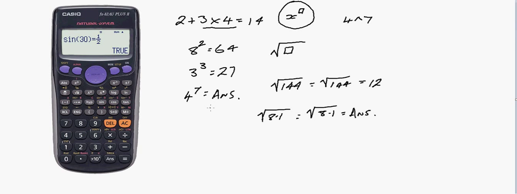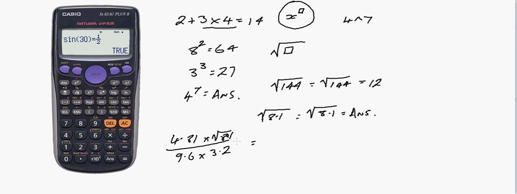Now, there have been a few questions, usually on the estimating questions, where you'll have 4.81 multiplied by the root of 8.1, all divided by 9.6 times 3.2. Now it might say give your answer as the calculator tells you.